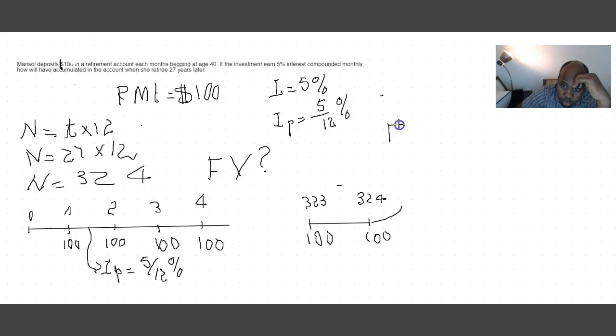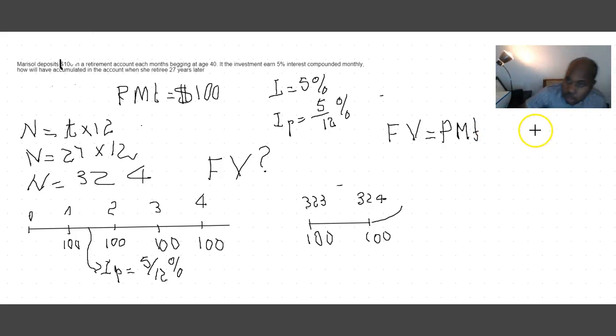So future value. This is a general formula. It's going to be the payment, that means the $100.